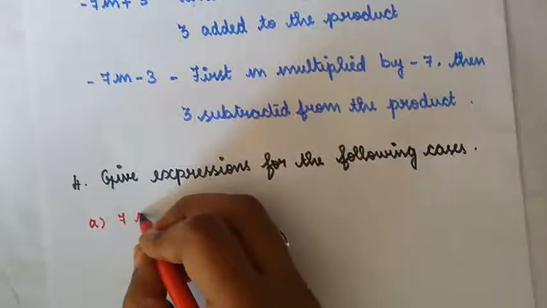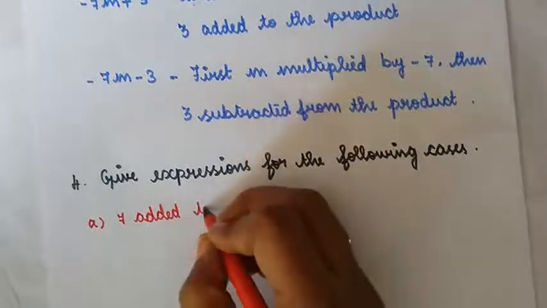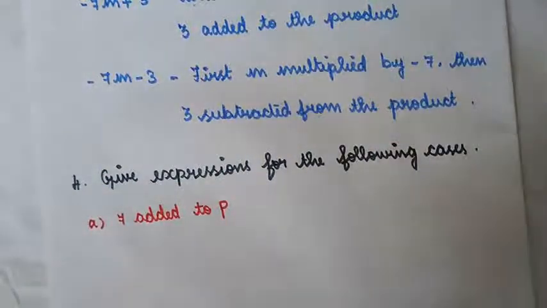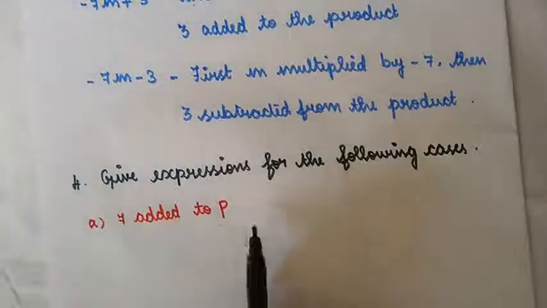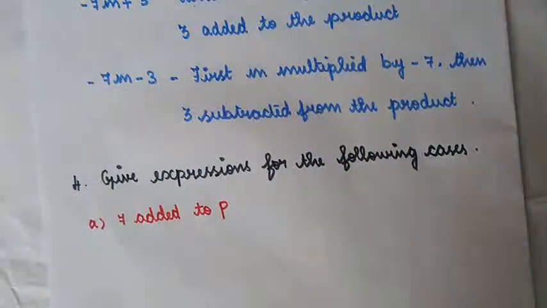7 added to P. This sum is the opposite of question number 3. Here what is given? The number in words. We have to change it into an expression.